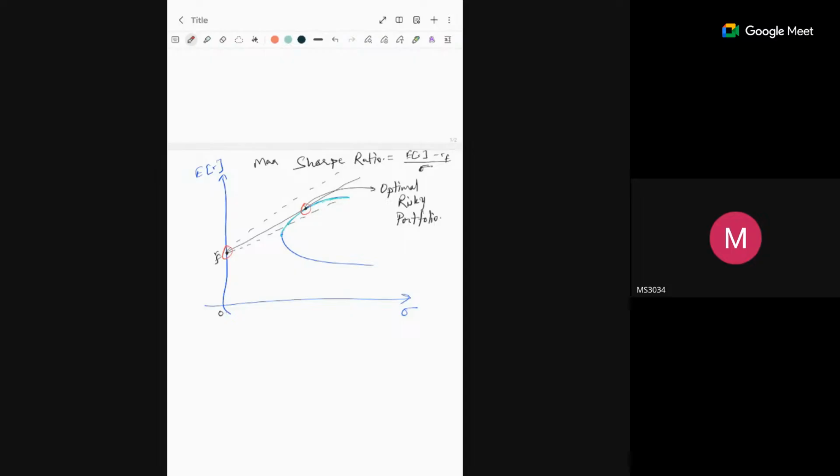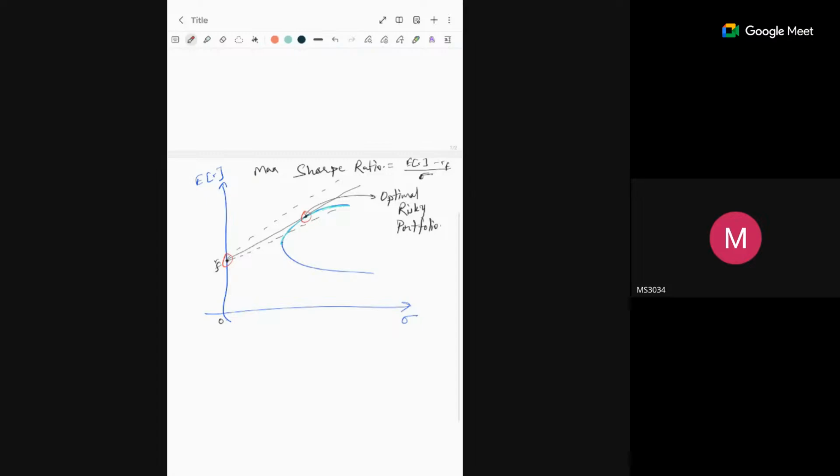And these utilities incorporate the risk averseness of the investor. This is where your risk aversion coefficient will come into the picture. So if the investor is more risk averse or less risk averse, that will determine his indifference curve. And what would be the shape of the indifference curve in this mean variance diagram?